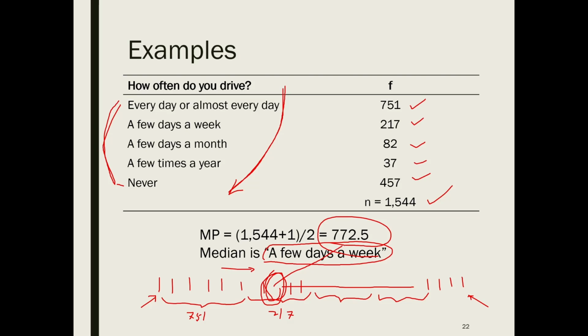The 772nd must be somewhere among those people in this 217 group. And again, 217 is a frequency. It's not the median of this categorical variable. The median is the value or the label's name of this categorical variable. That's why the answer is that the median in this case is a few days a week.